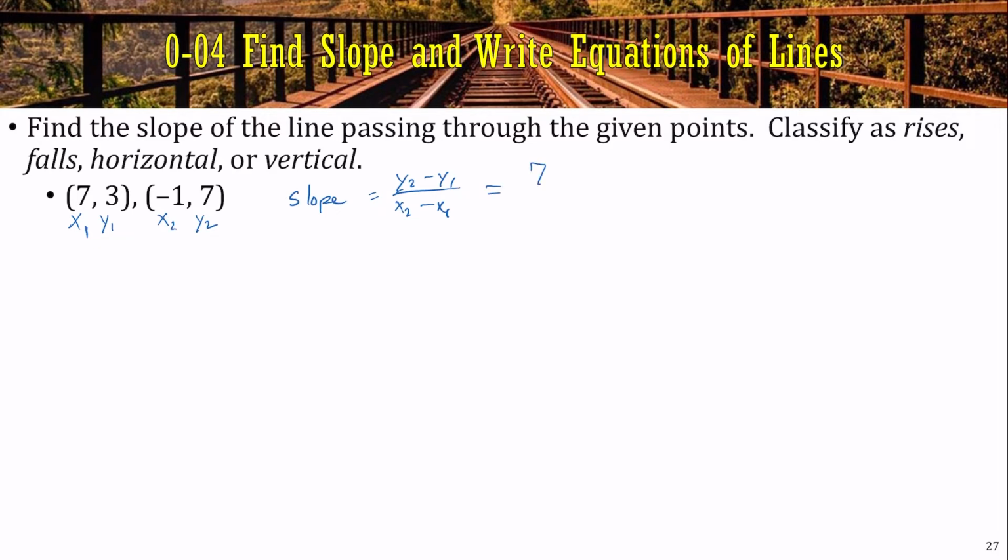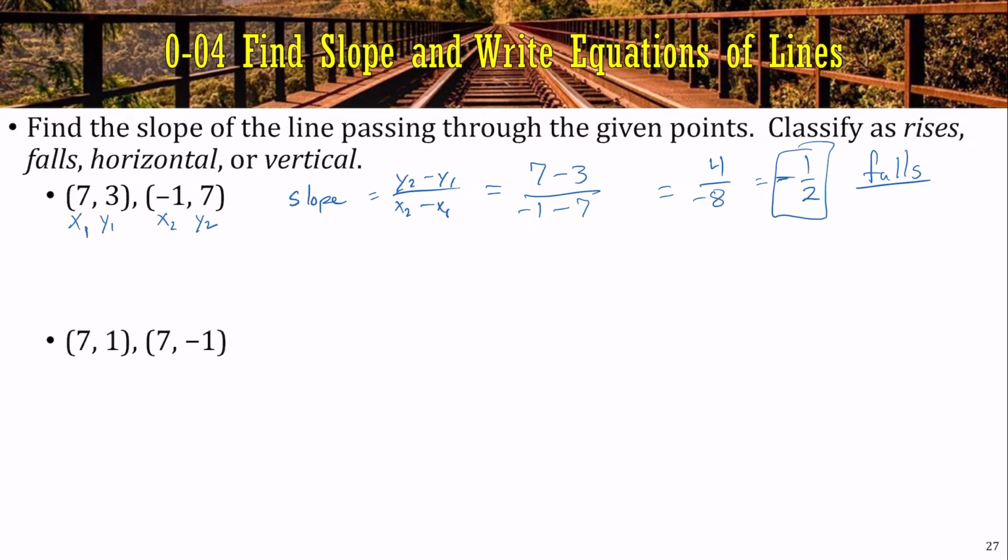So y2 is 7, y1 is 3. x2 is negative 1, x1 is 7. So that gives me 4 over negative 8, or negative 1/2 if I reduce it, and that falls because it's negative.